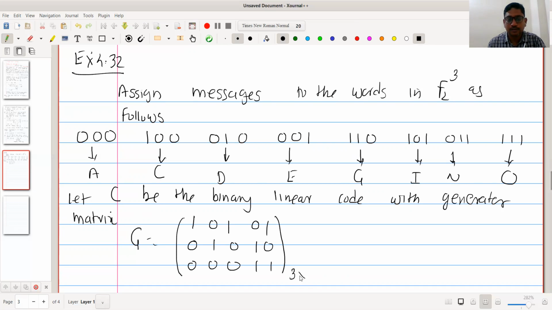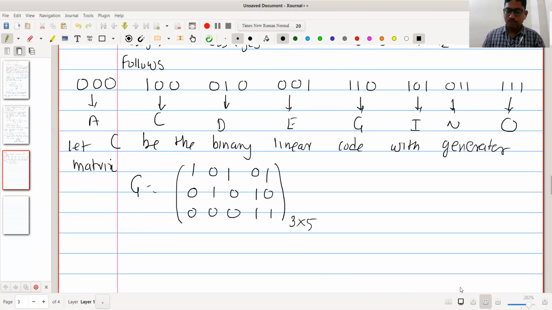So this is 3 by 5, its length is 5. This is the generator matrix, obviously not in standard form, but there is no need to put it in standard form.